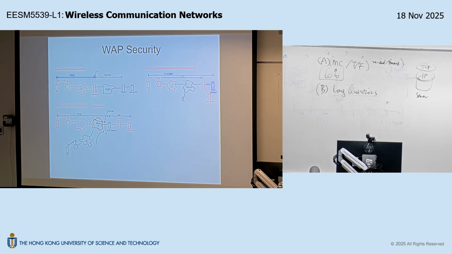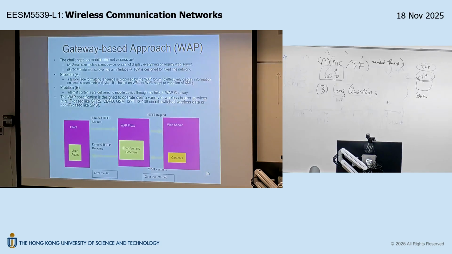Now the issue is here. Here in the web gateway, what happened? The SSL, the standard encryption layer, will have to run between two end segments of the TCP socket. Now the TCP socket is not end-to-end. So that means what?